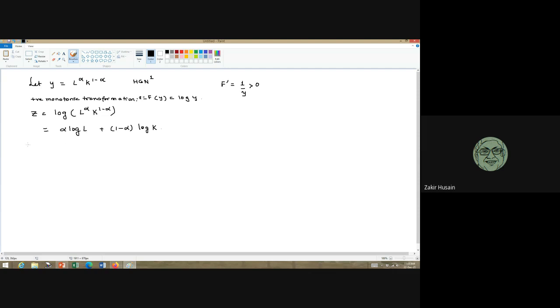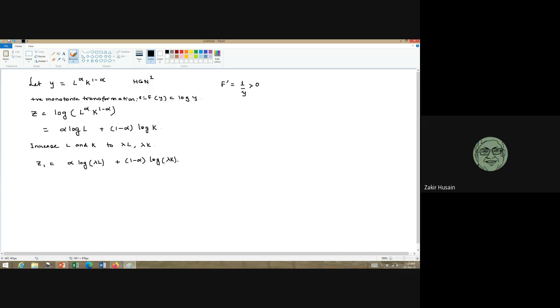Let us put in the values, increase the values of L and K. Okay, so what is Z? Or rather, let us put it, what is Z1? Alpha. Okay.